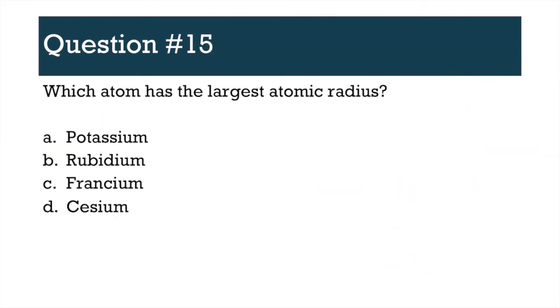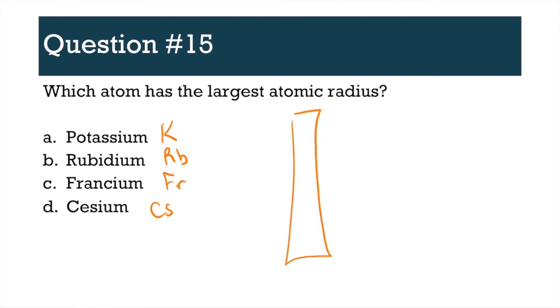Okay. Number 15 says which atom has the largest atomic radius. So it gave you potassium K, rubidium Rb, cesium Cs, and francium Fr. So these all happen to be in group number 1. You have K, Rb, Cs, and Fr.